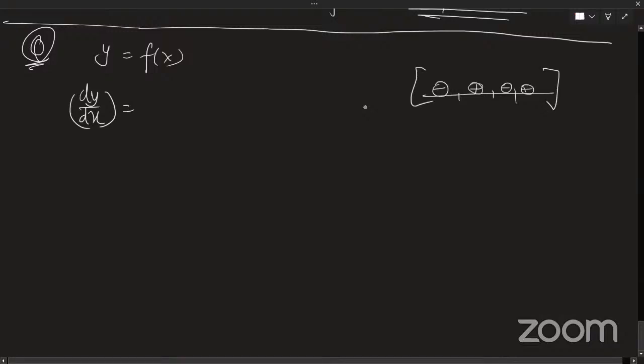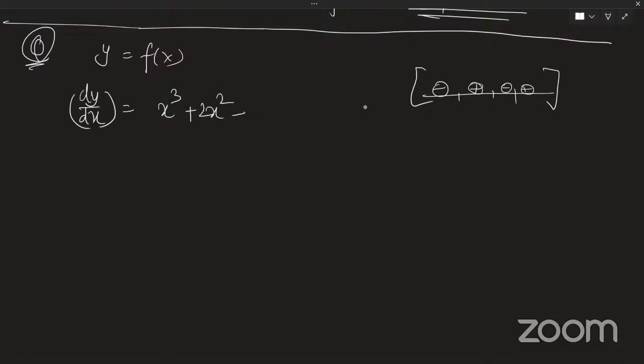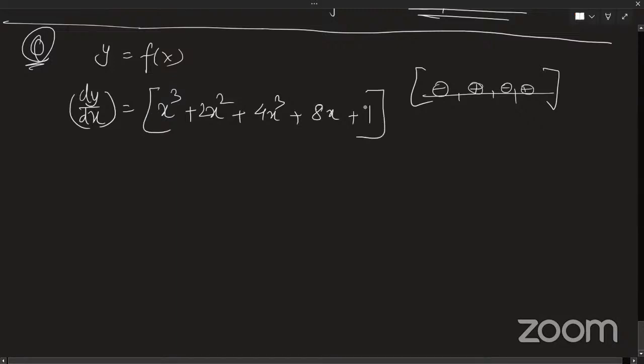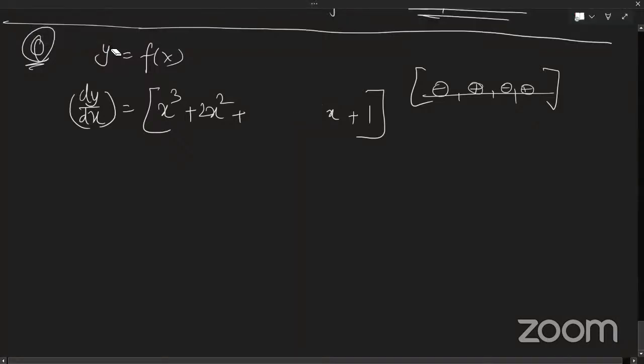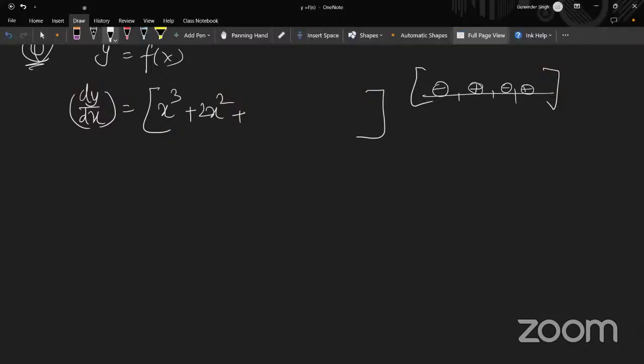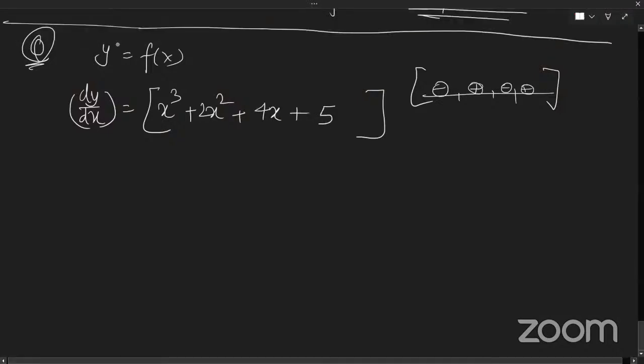So the problem with this is, for example, you have a function whose derivative turns out to be something like this. I'm sorry, I shouldn't have put this thing here. What I meant to say is it is a cubic function. It's something like this.